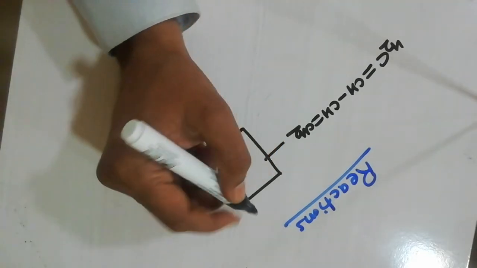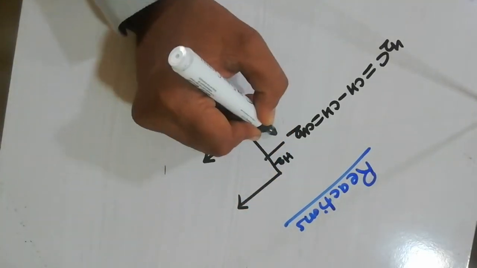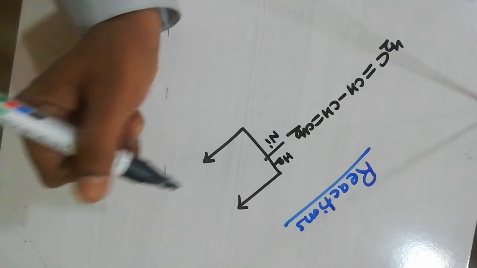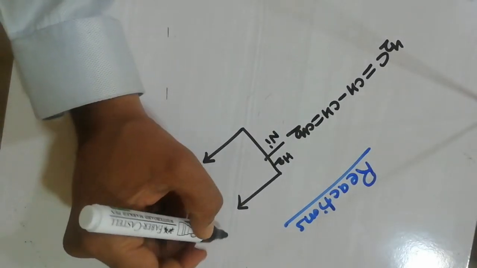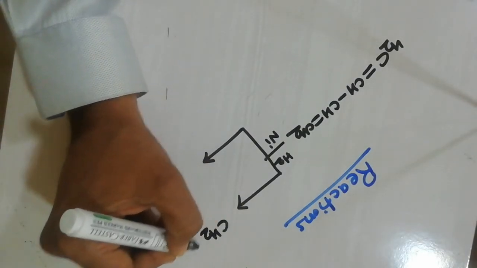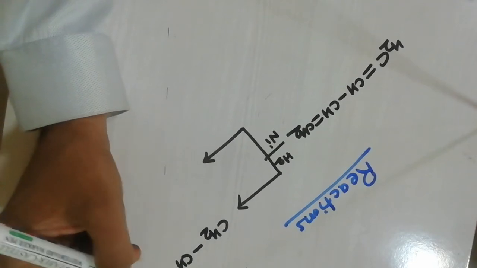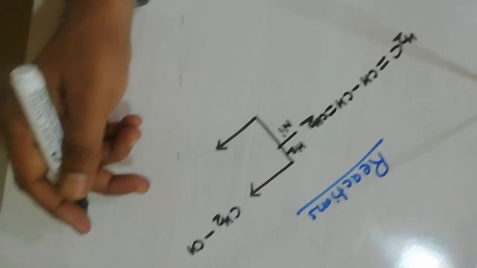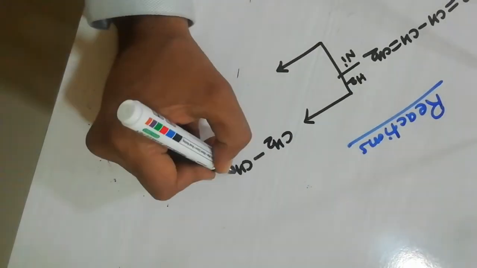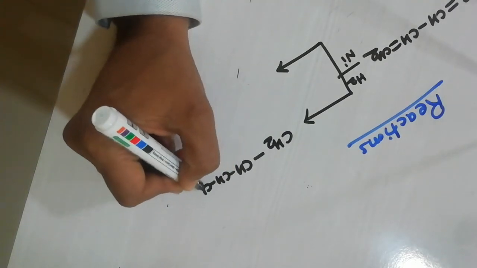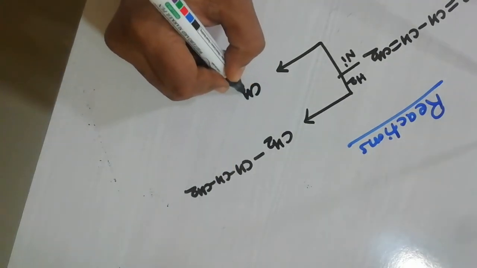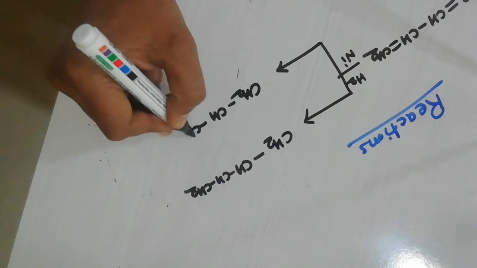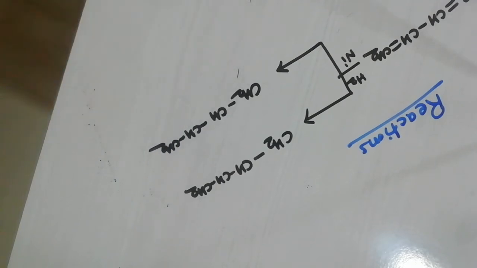So, when I treat it with say H2 in presence of nickel or platinum, what will happen? I will get CH2 single bond CH single bond CH2, CH2 single bond CH single bond CH single bond CH2.